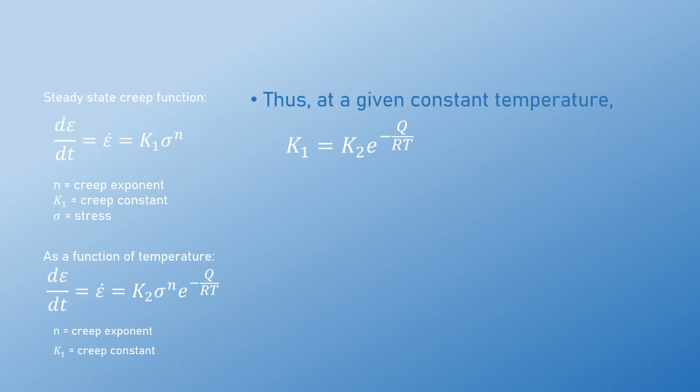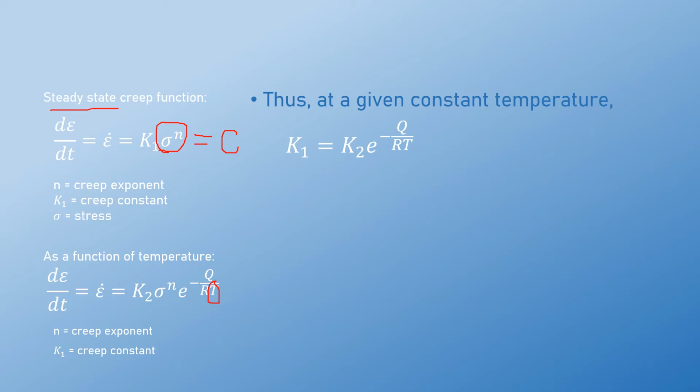So here are the equations of creep with respect to stress and temperature. When you plug in all of these values, you will come up with a constant, and that's why it's called steady state.